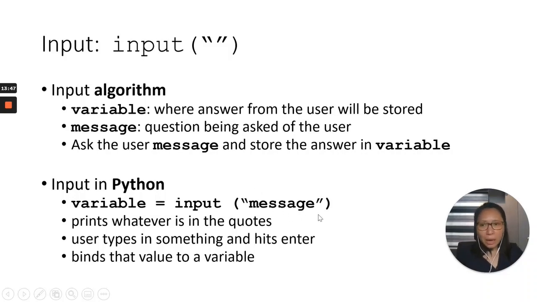The input keyword in Python prints whatever is in the double quotes. The user types in something on the keyboard and hits enter. After hitting enter, the value that the user has input binds to this variable.